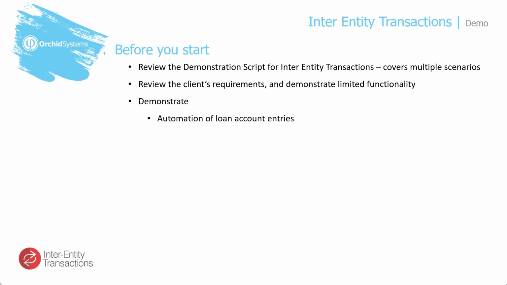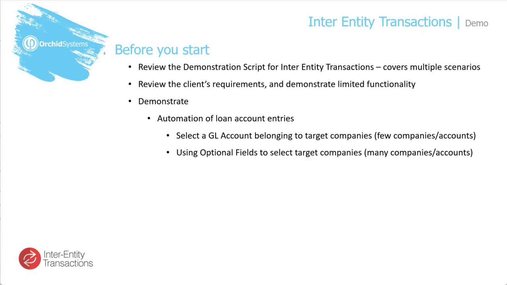You can demonstrate the automation of loan account entries using GL accounts to choose the target company or using optional fields to select the target company. You can use GL triggers to reallocate the loan accounts to AP and AR and inter-entity trade to mirror the transaction in the target database to use the subledgers instead of loan accounts for the account balances.